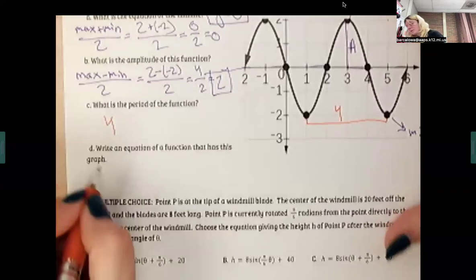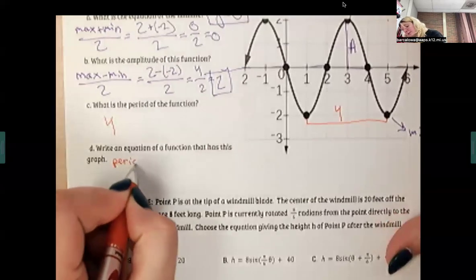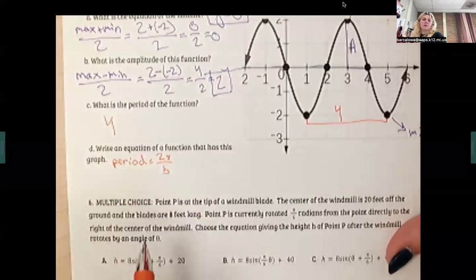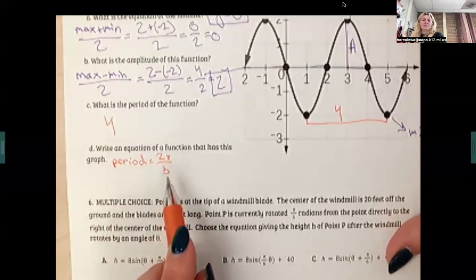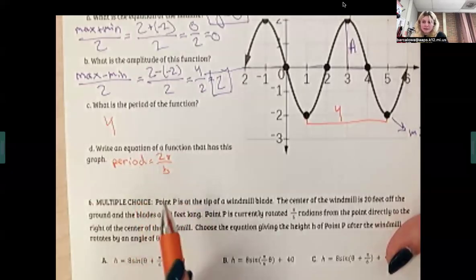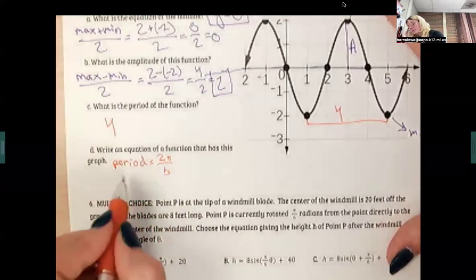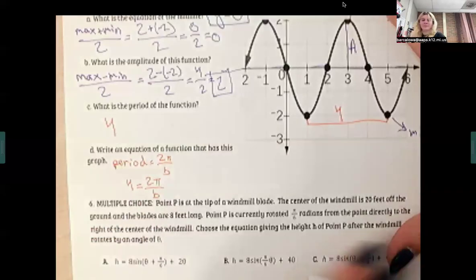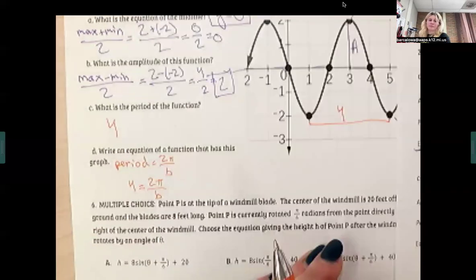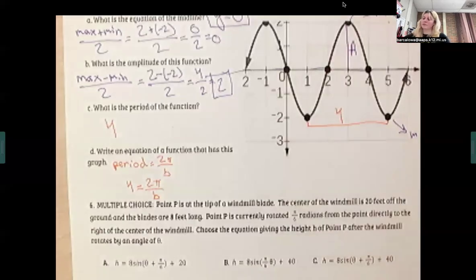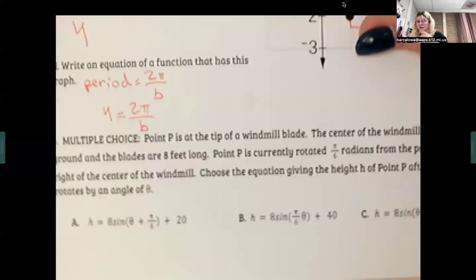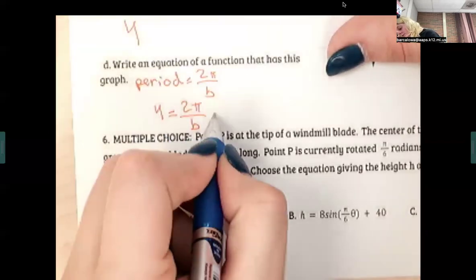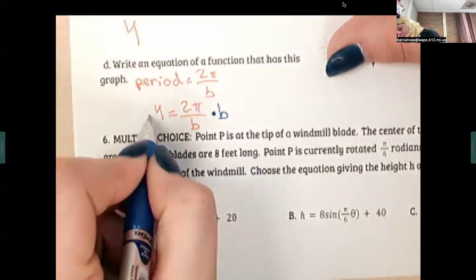Okay? So the first thing we need to do, period is 2 pi over b. I need to find this b value because that's what's going into my equation. So 4 equals 2 pi over b. Okay, let's solve this one together. I'm dividing by b, so to undo dividing, I'm going to multiply.